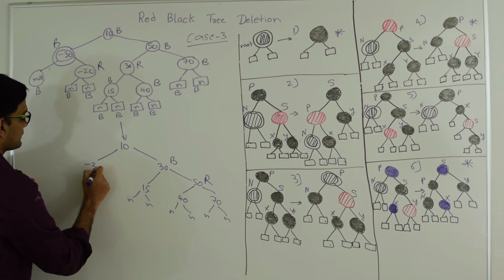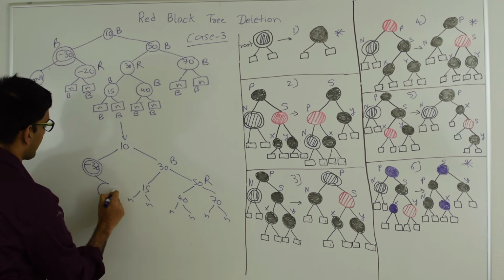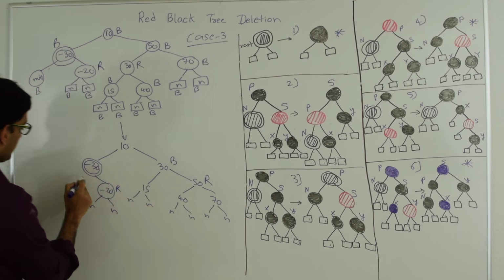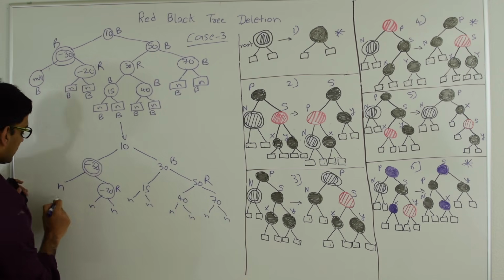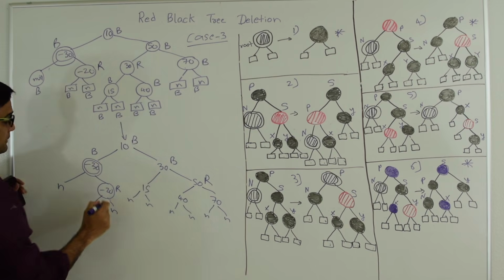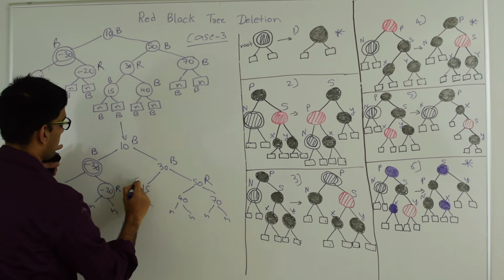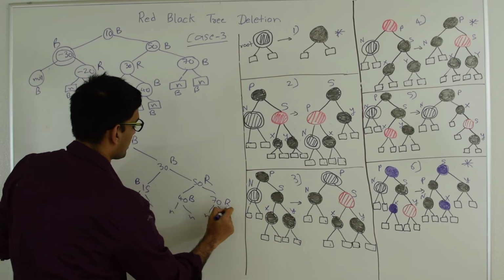So -30 is still my double black node, and it has -20 here as a red child, which has null, null, and null. So nulls are obviously black in color, and this is black, and 15 is black, 40 is black, and 70 is also black.